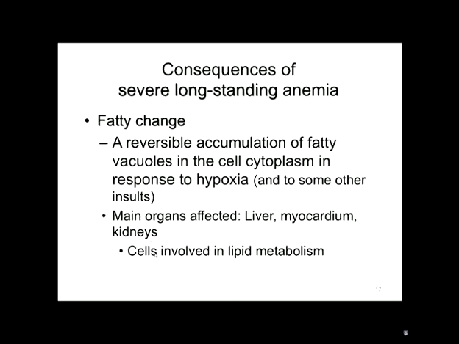This type of change occurs primarily in the liver and myocardium as well as the kidneys, and it's because the cells that comprise the main bulk of the organ in these organs are involved in lipid metabolism. So fatty change and long-standing anemia go hand in hand, okay?